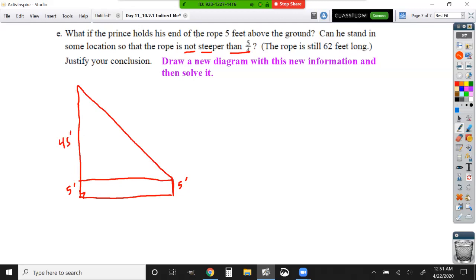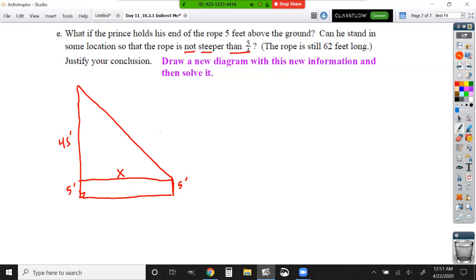What if the prince holds his end 5 feet above the ground? Can he stand in some location so that the rope is not steeper than 5/4? So how far does that have to be so that 62 feet will work?